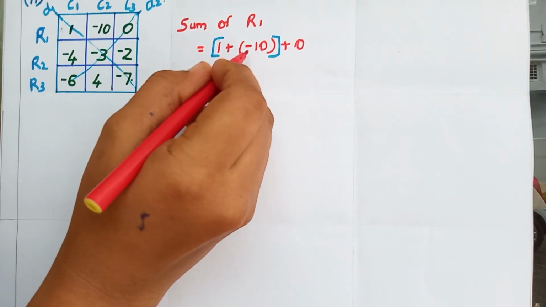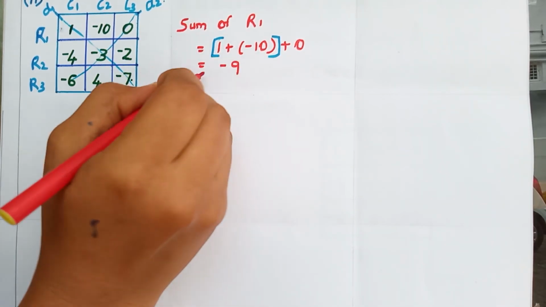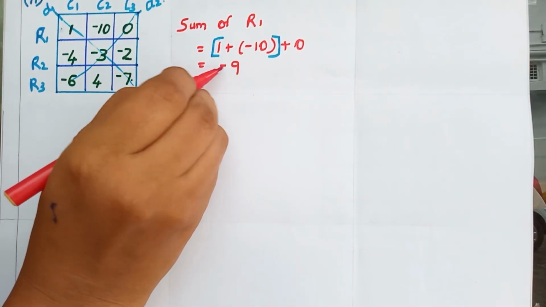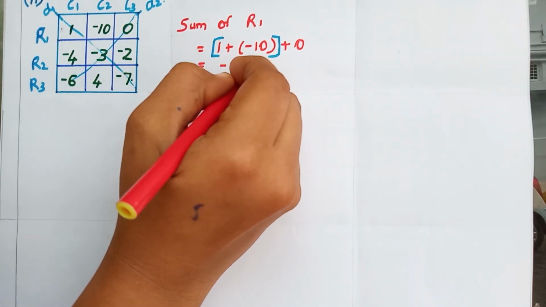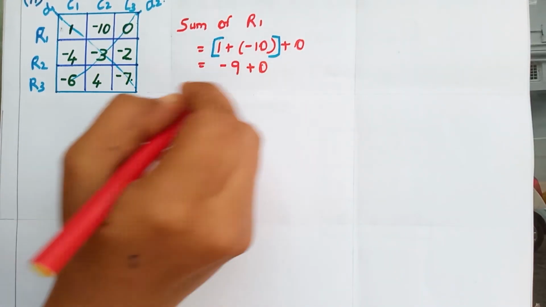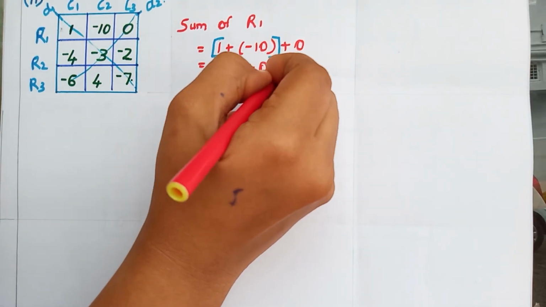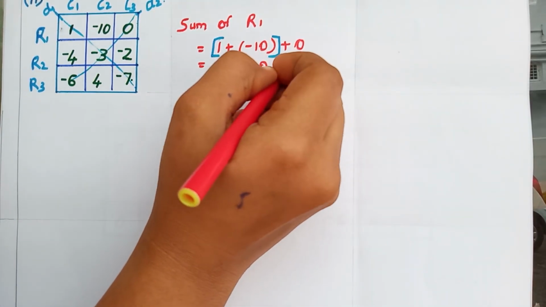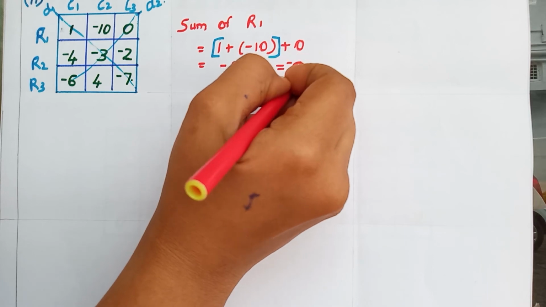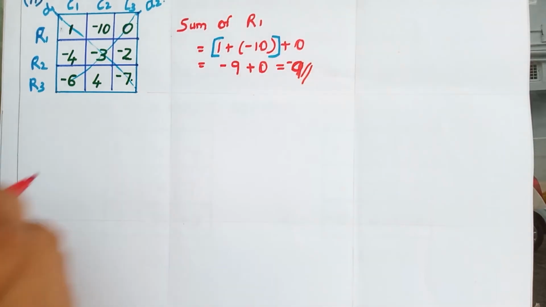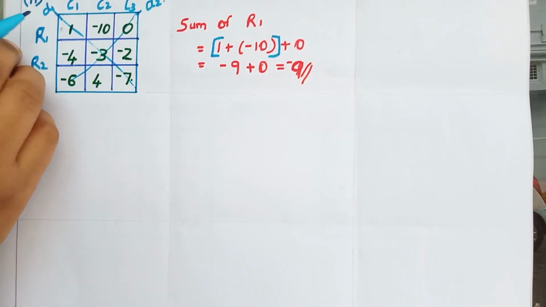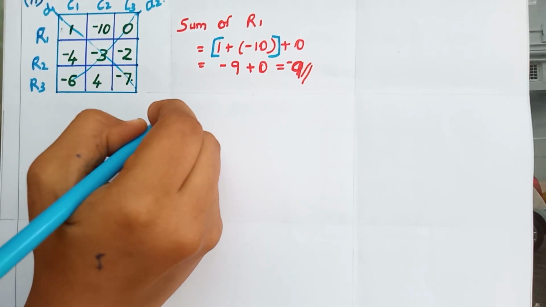After subtracting we will be getting 9 and the sign of the greatest number is negative. Then negative 9 is our answer. Then with that negative 9 just add 0. Then the final answer is negative 9.